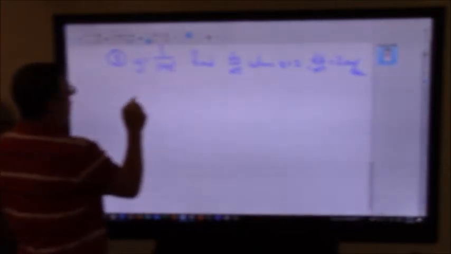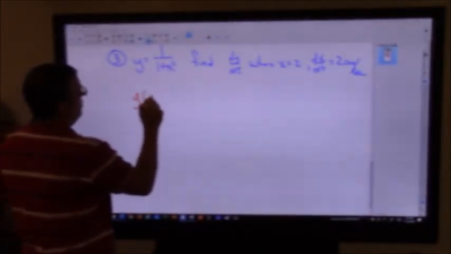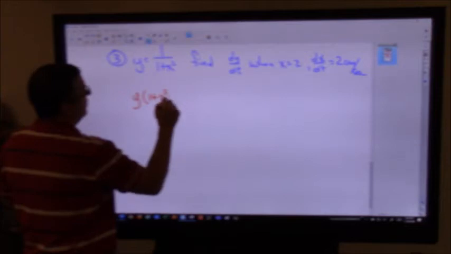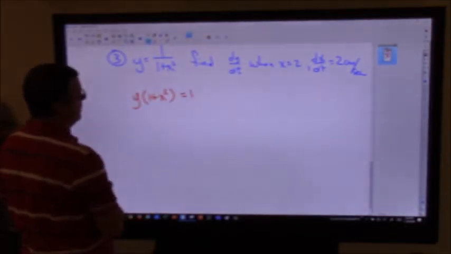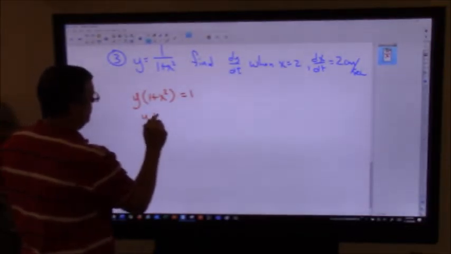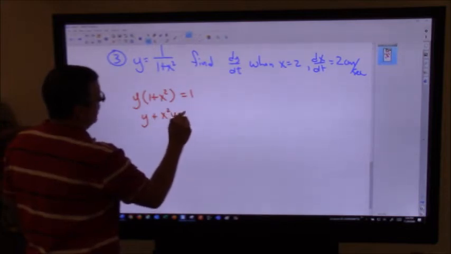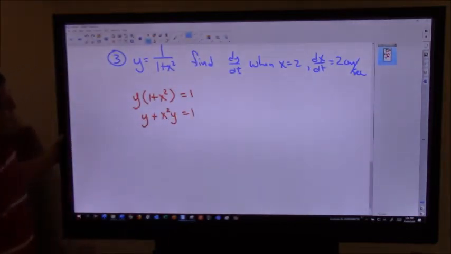All right, so if I rewrite this, y times 1 plus x squared equals 1. I can even say y plus x squared y equals 1. Now I'm ready to take the derivative.